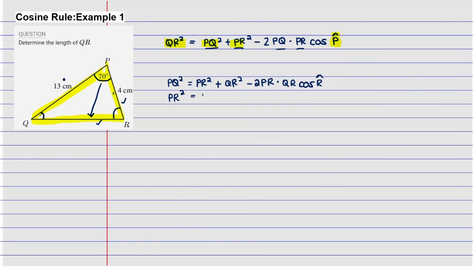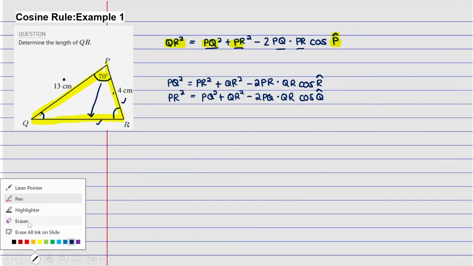The two sides are PQ squared plus QR squared minus 2 PQ, then multiply by QR, and this is going to be cos, and the angle is this one. So that's how you would do it. I hope that makes sense.